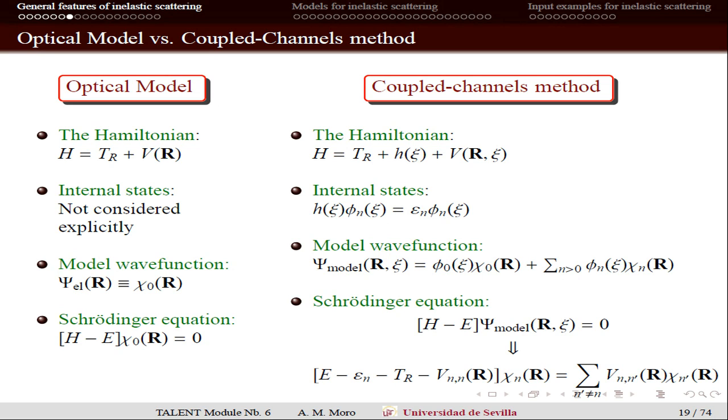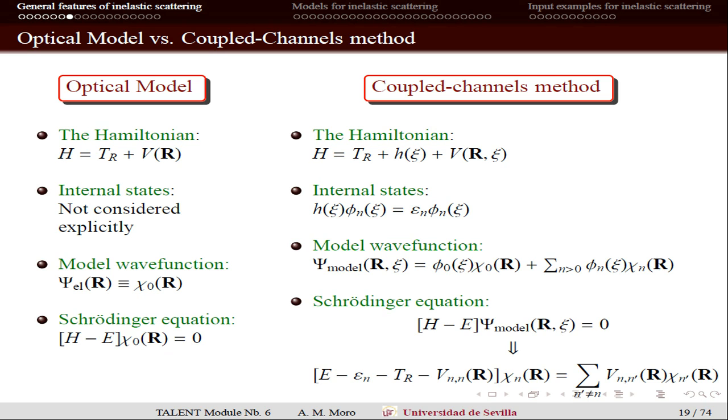And the interaction should contain some dependence, not only on the relative coordinate, but also on the internal coordinates of the target or the projectile, if we want this V to account for the excitation of the target.